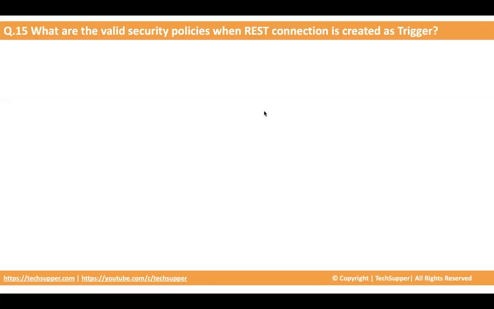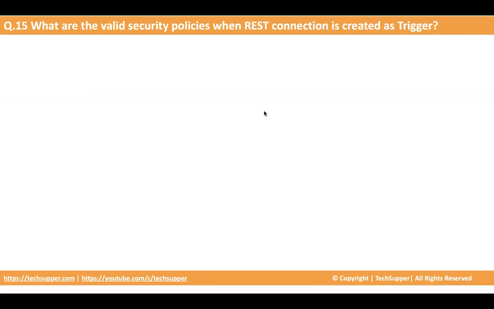The next question is, what are the valid security policies when a REST connection is created as trigger? You see the question is a little tricky. What are the valid security policies when a REST connection is created with role trigger?